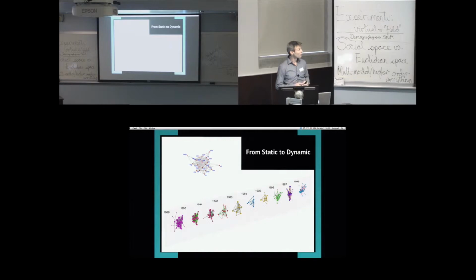The second limitation is that it's a bit like looking at a picture and trying to understand how the painter painted it. If you look at one picture, you don't really see the process. You don't really understand what the design principles were. So moving to dynamic networks, you can follow how the network changes in time, and you can understand more about the leading processes in action.